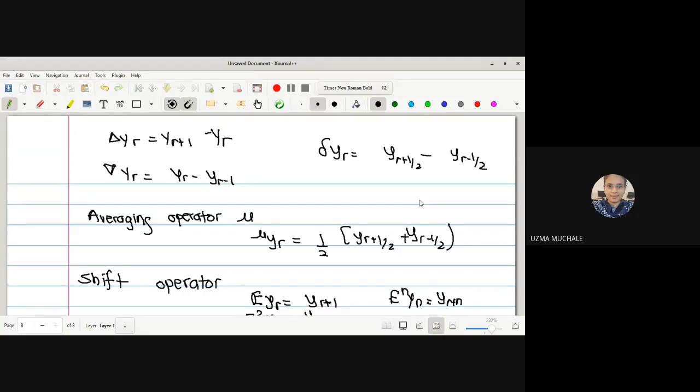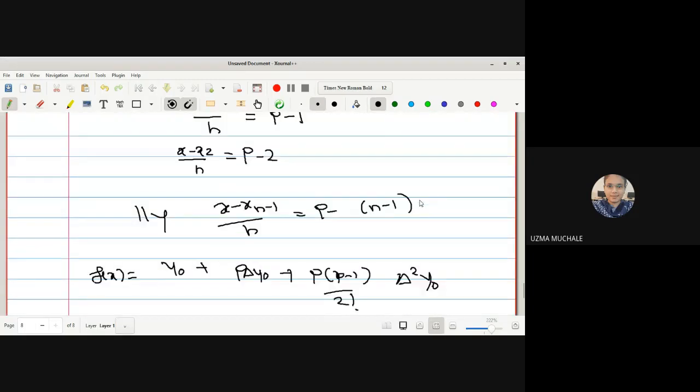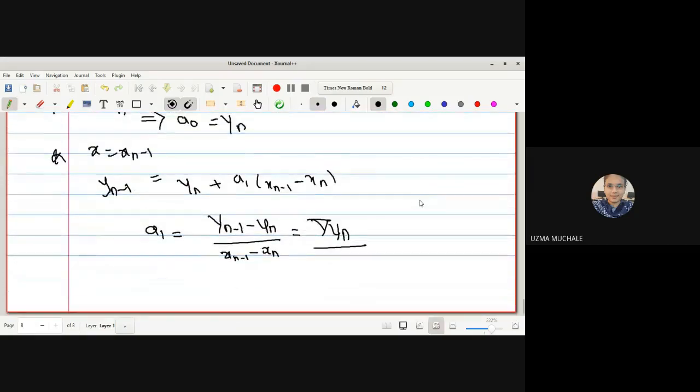So here we obtain yn minus 1, divided by xn minus 1 minus xn. These are consecutive terms. Difference between any two consecutive terms will be h. From this formula, xn is equal to x naught plus n into h.